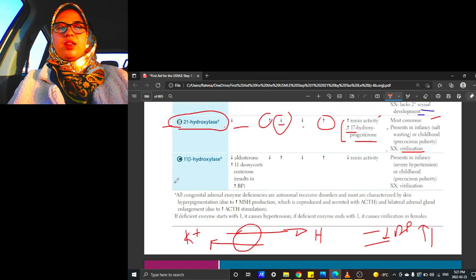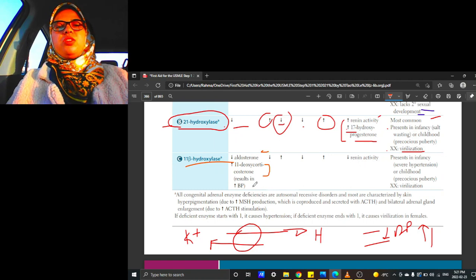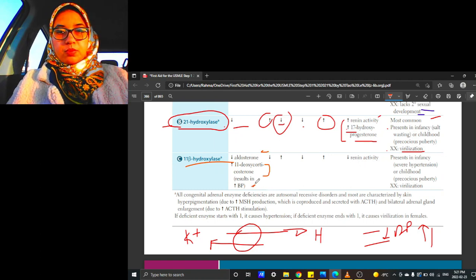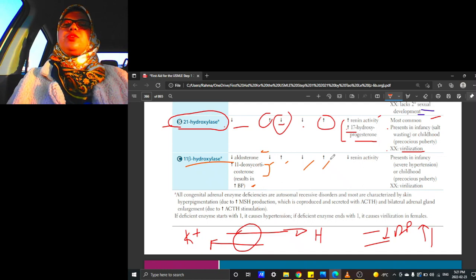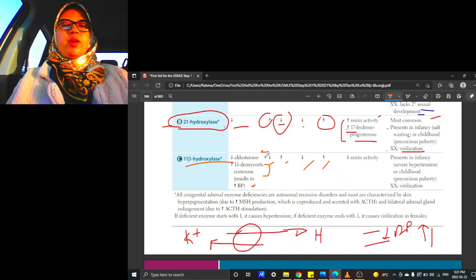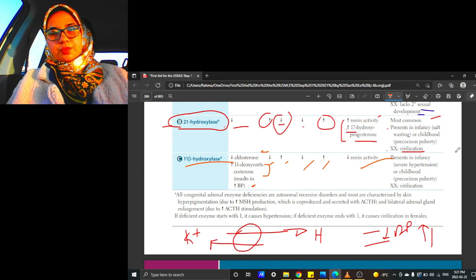So blood pressure is actually going to be high with someone who has 11-beta hydroxylase deficiency. Now let's take a look here. 11-beta hydroxylase deficiency, aldosterone is going to be low, but 11-deoxycorticosterone is high, so it results in elevated blood pressure. Likewise, you have your slight mineralocorticoid activity, so your potassium should be low, your cortisol is low, and your adrenal androgens are still high. Likewise, because you have your increased blood pressure, your renin activity is also going to be low.